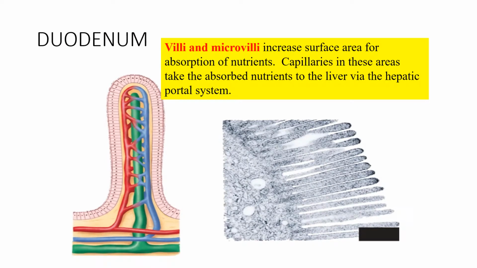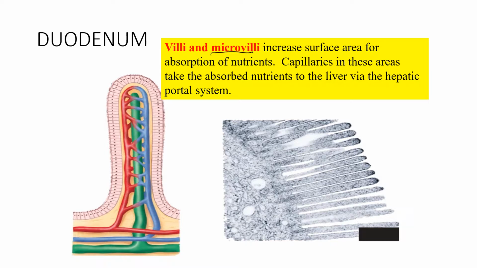Further increasing the surface area of the small intestine are microvilli. Villi are the folds of the lining of the small intestine made by simple columnar epithelial cells.